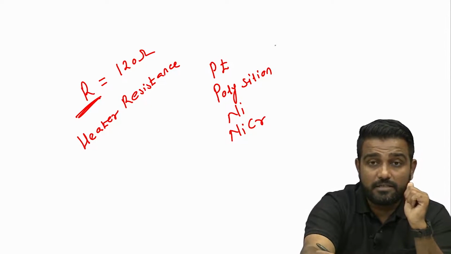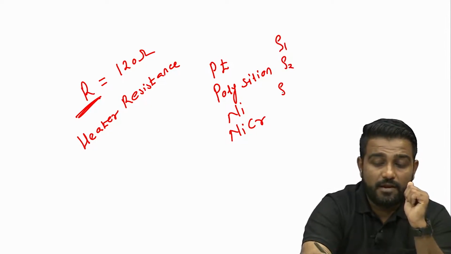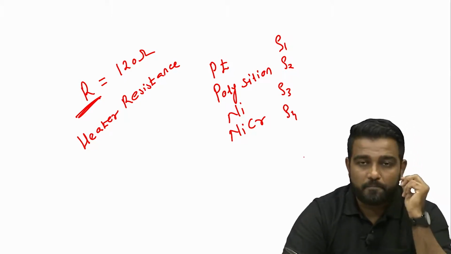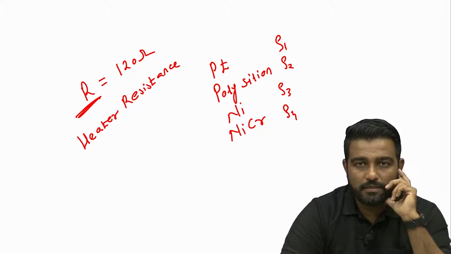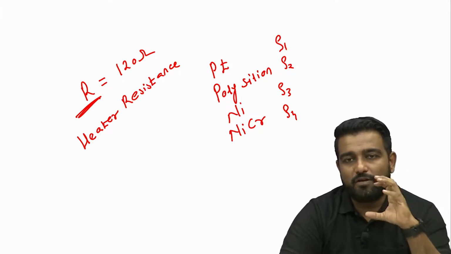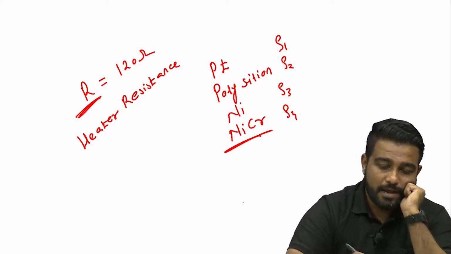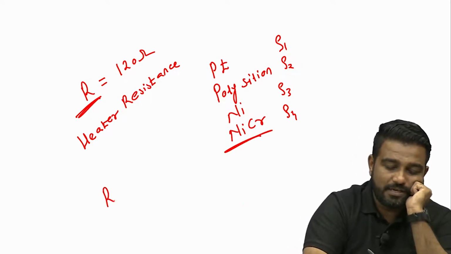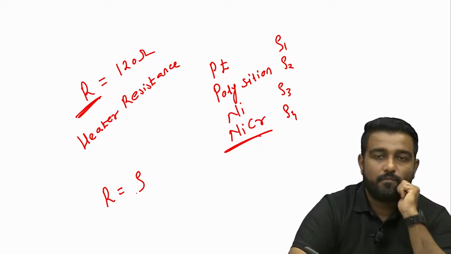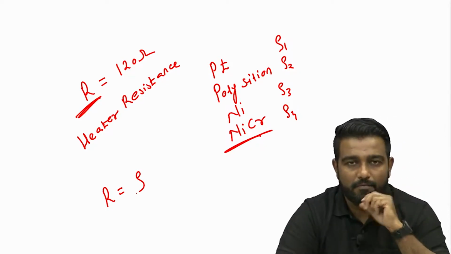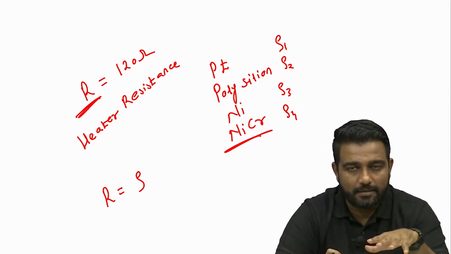Because the resistivity of each would be different. So, say you select one particular material, and let us say we select nichrome. Then my resistivity is constant, because I am not going to change the material.